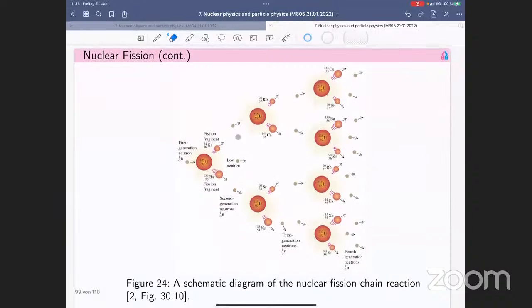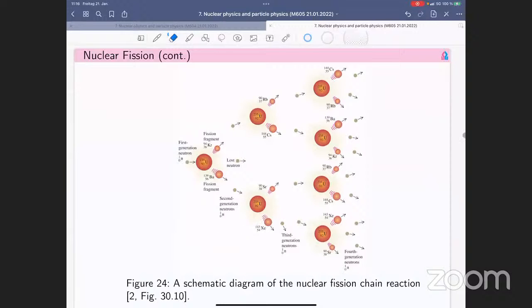And here is the second generation of the neutron. Here is the third generation of the neutron, and it will hit the next uranium-235, and we could get cesium, rubidium, barium, krypton, xenon, and strontium, and we will get further neutrons, and they will hit the next round of uranium-235.